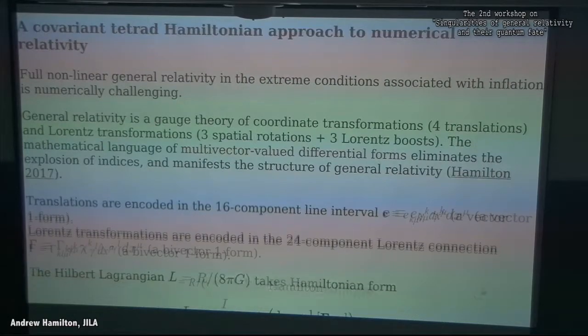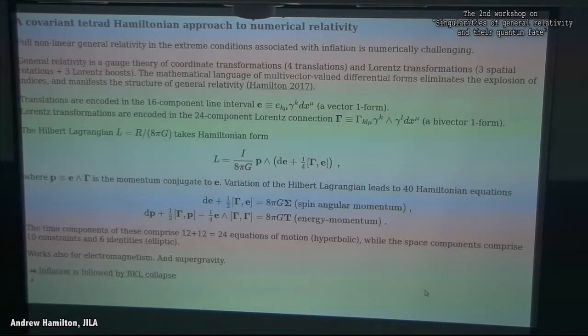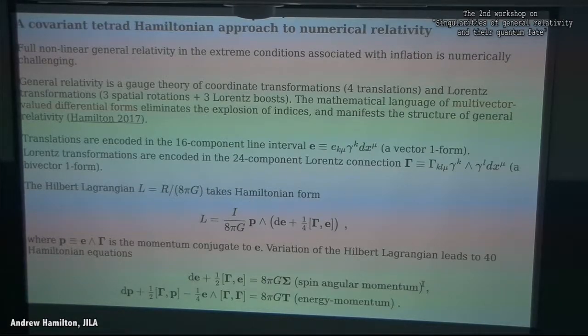But before I do that, I want to put up this complicated graph here and say, as all of you know, most of the work that goes into any calculation is the completely difficult stuff. What I'm about to show you is the result of a numerical calculation, which shows that inflation develops into BKL singularity type behavior.